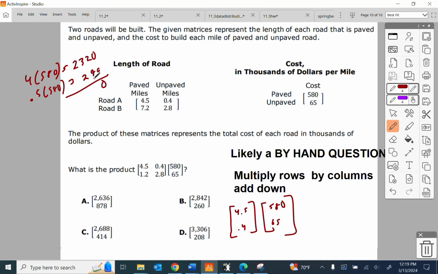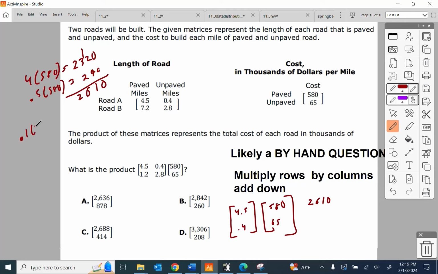I just add down 11, 4, 6. Well, evidently I made a mistake there somewhere. Oh, because I'm not done. 2610.